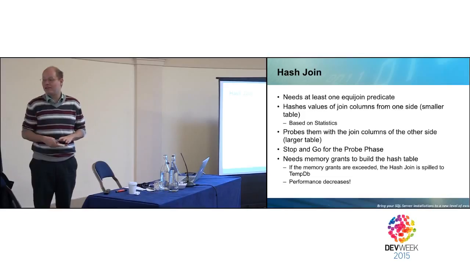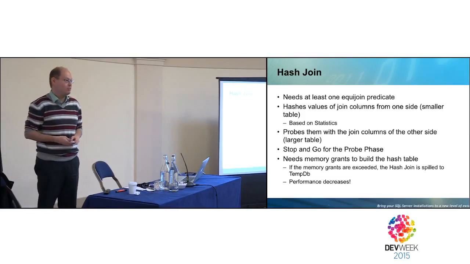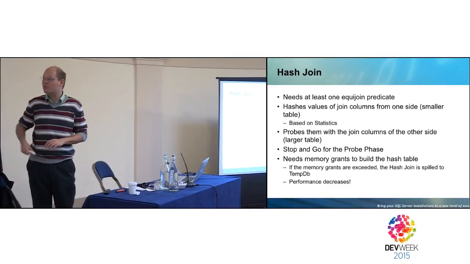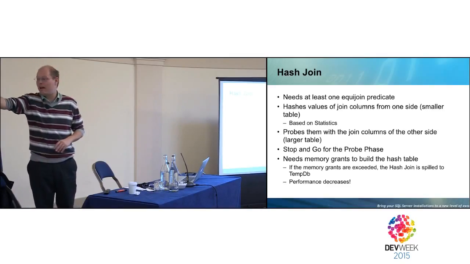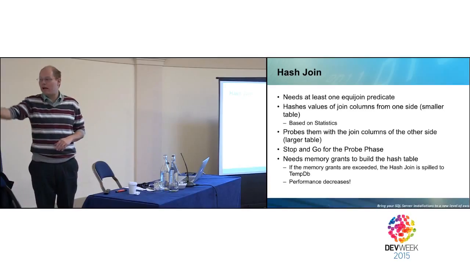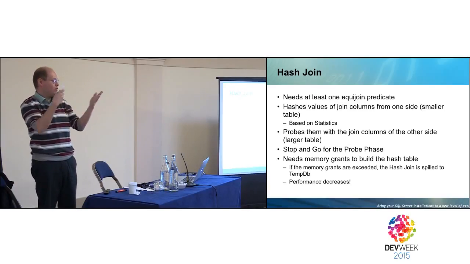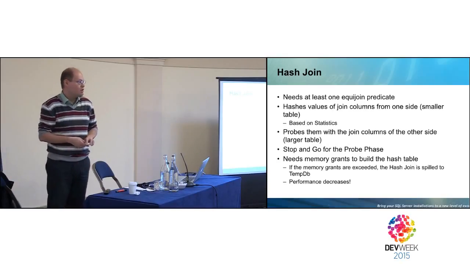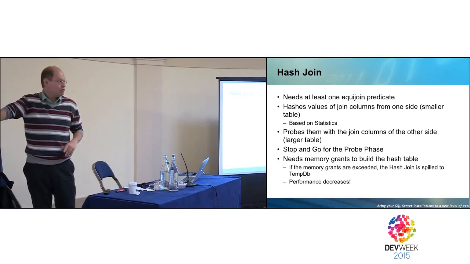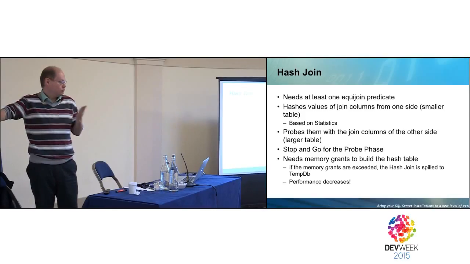And in the second phase, the probe phase, SQL Server takes the inner table, in our case table B, and probes into that hash table for every record. Value of 2, we apply our hash function. We know a value of 2 is an even value, so we just look in the second hash bucket. If the hash bucket is empty, we have no matching row. If we have a record, we have a matching row.